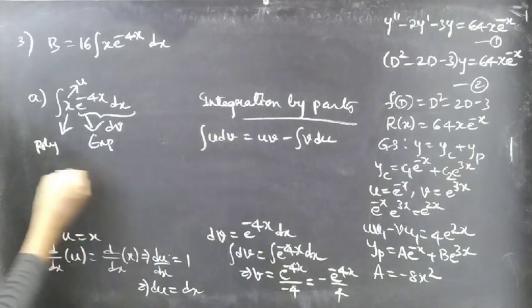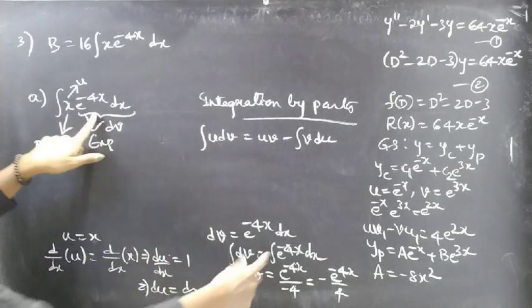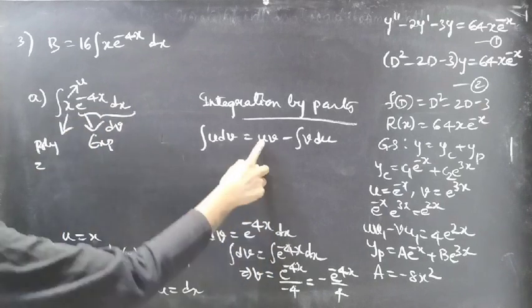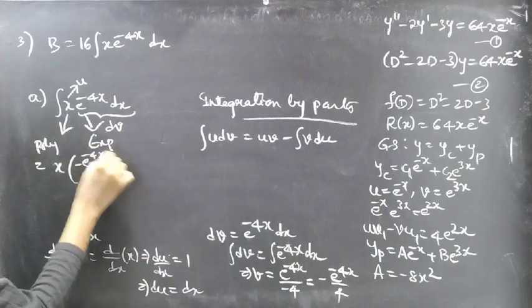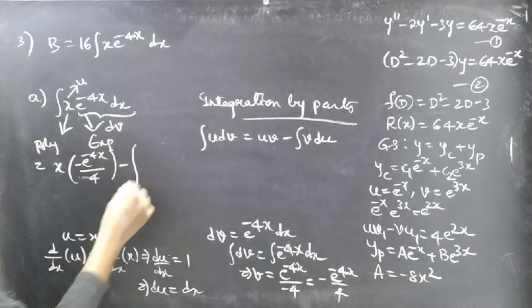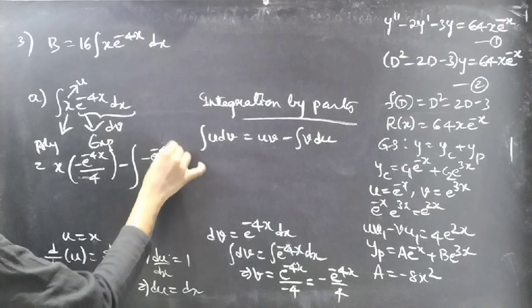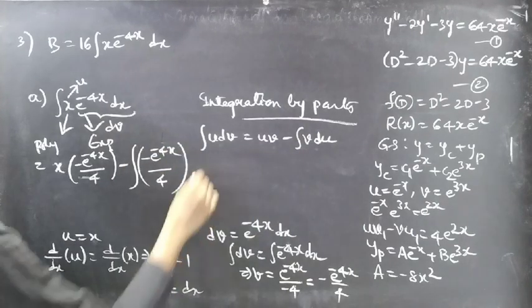Let's apply the formula now. Integral u dv equals uv, that is x into v, minus e power minus 4x by 4, minus integral v, minus e power minus 4x by 4, into du, which is dx.